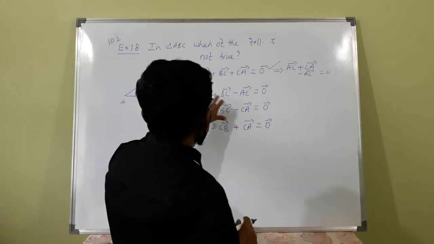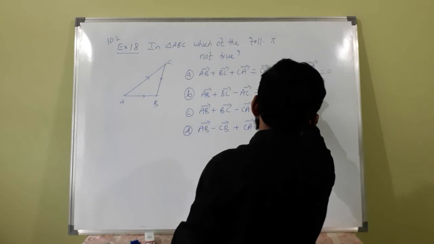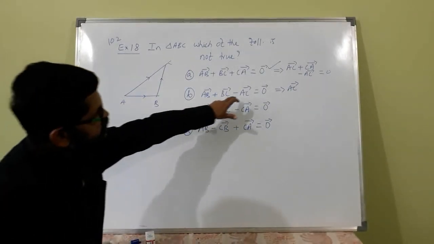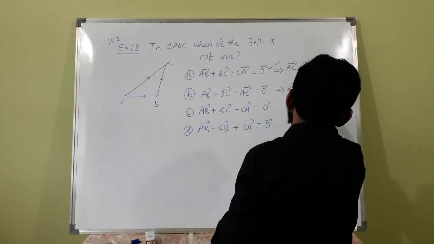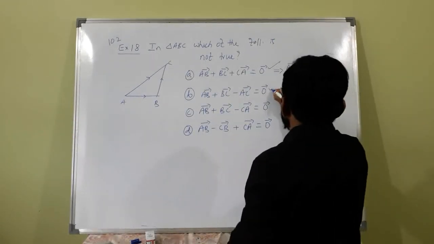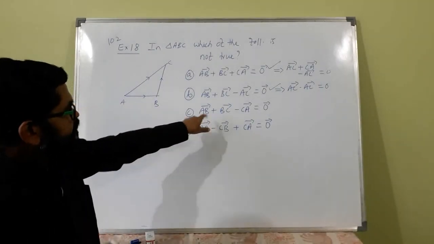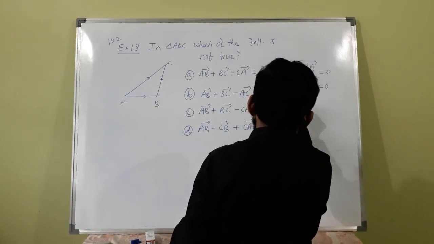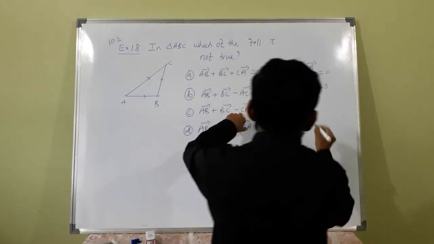Next, AB plus BC means AC. AC minus AC is 0. Vectors, that is also correct. Then AB, BC, this is AC, minus CA.